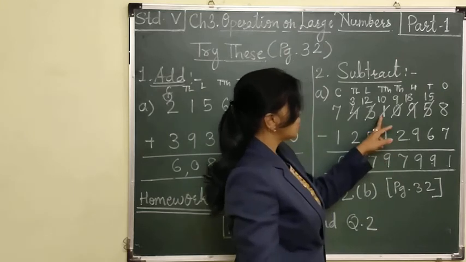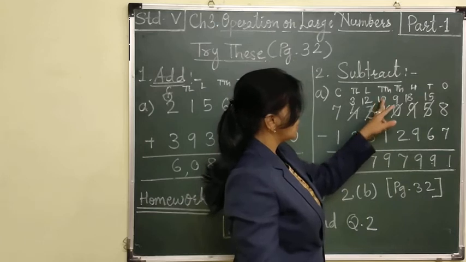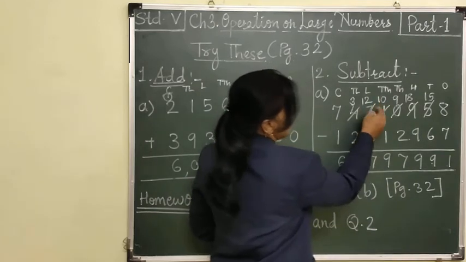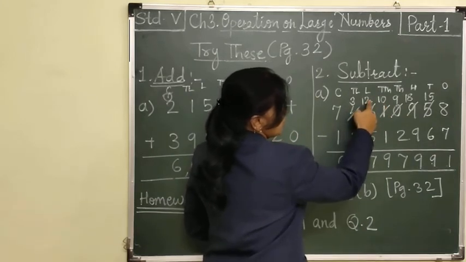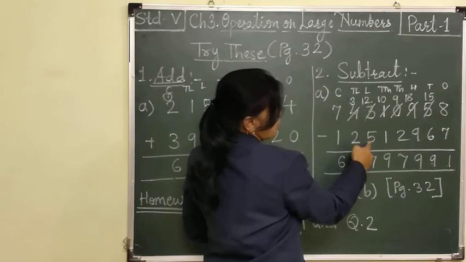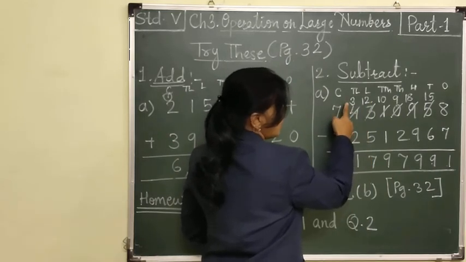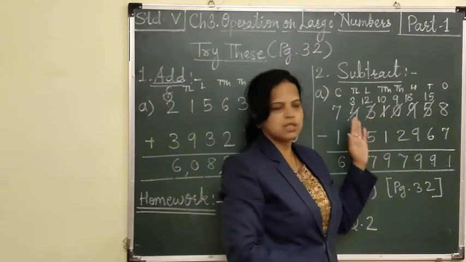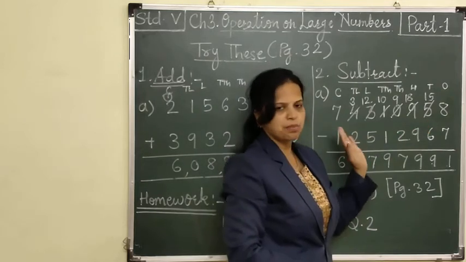Then here, 1 will become 0 and this will become 10. And 3 will become 2, as it has borrowed 1 from here. So 2 minus 5 is not possible, so it will become 12, and 4 will become less by 1, so it is 3 here. This way we have to borrow from the number before the digit from which it is not getting subtracted.